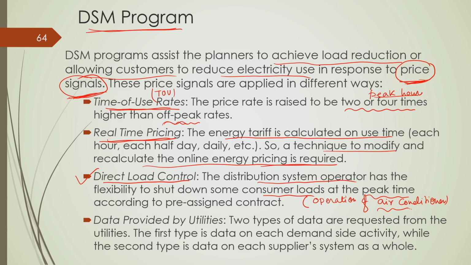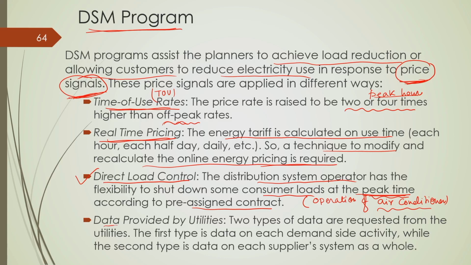So, you can regulate the operation of the air conditioner particularly during peak time, so that you can reduce the load by a significant amount, but this needs some pre-assigned contract with the customers, and also this needs some changes of the infrastructure, because at present the utility does not have any access to the control of any sort of appliance of a customer.